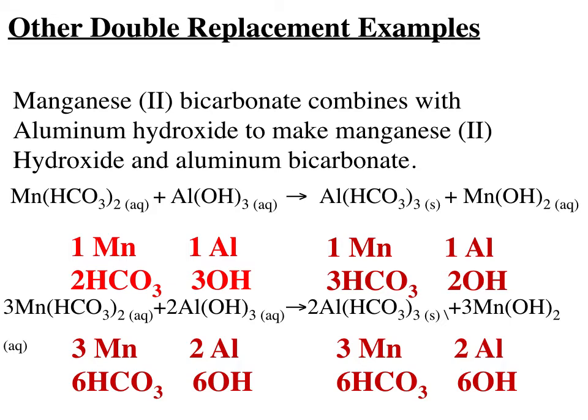Counting up all the elements on both sides, I see that I need to balance the equation with a 3 in front of the manganese bicarbonate compound, and then I count everybody up and I get the appropriate values for all elements. So Dalton will not be rolling over in his grave.